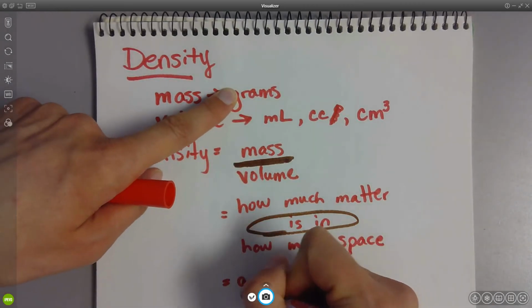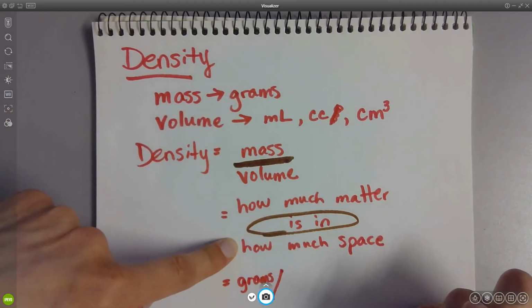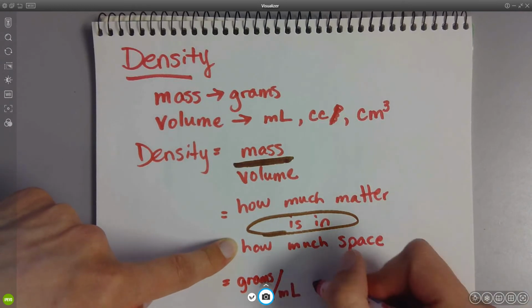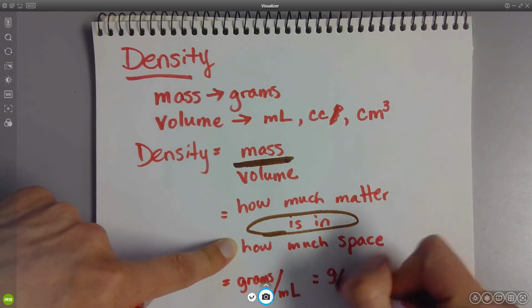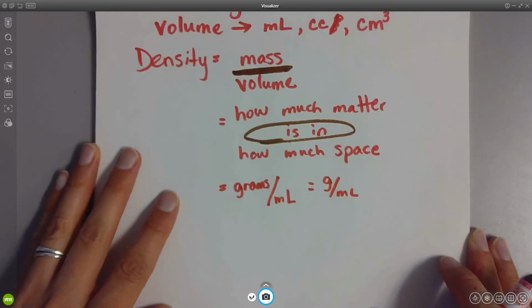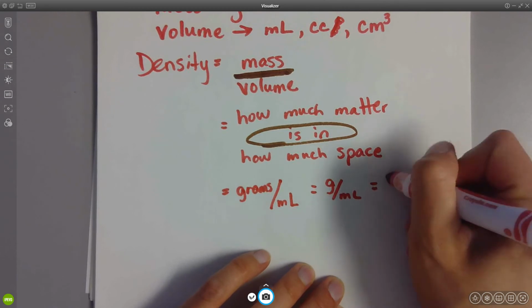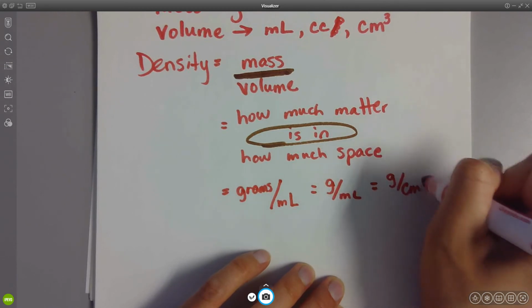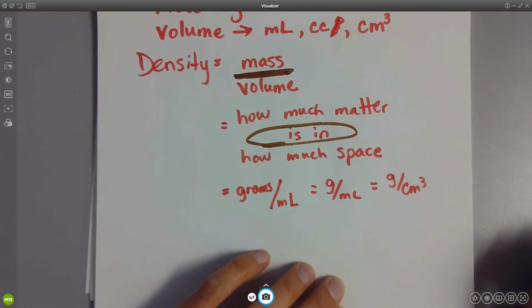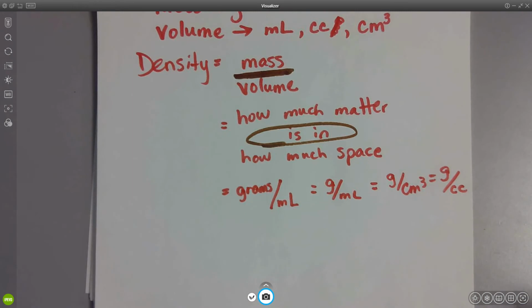Grams. What's on the bottom? Milliliters. Or sometimes we would write it this way. Can you see that all these things are really just the same thing? All the same thing.